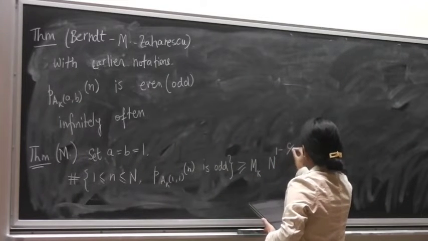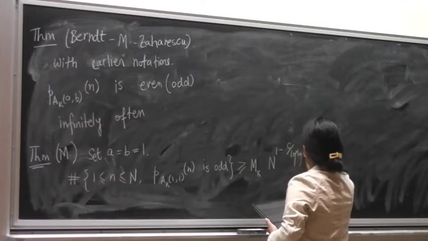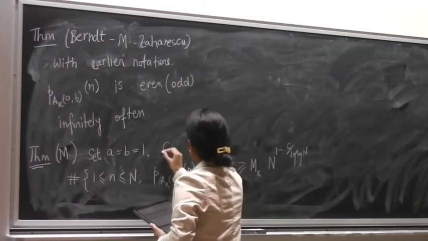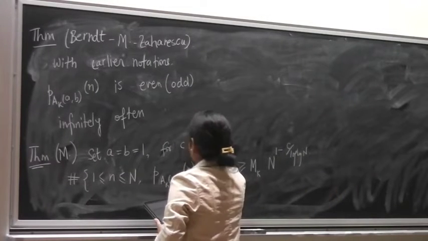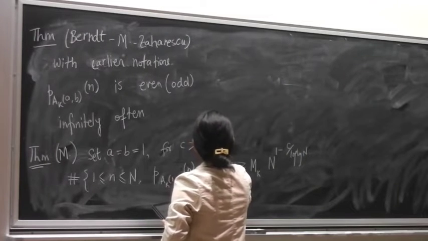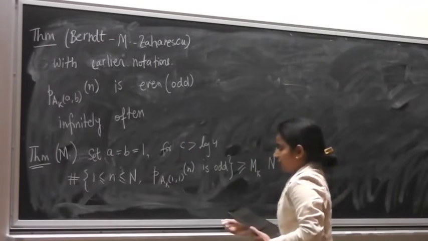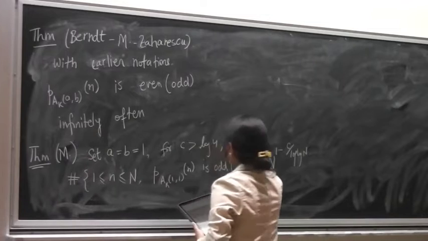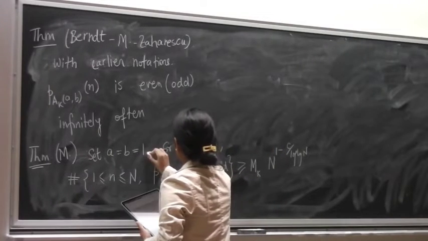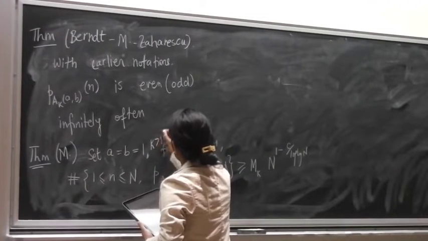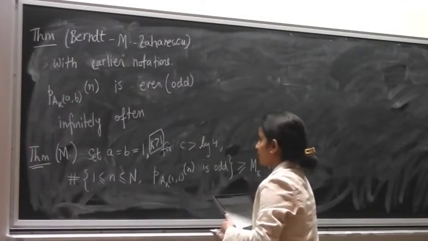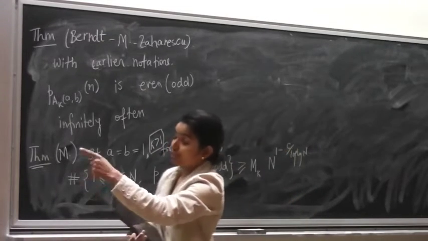It's 1 minus c over log n, where your c is some number larger than log 4. And I want to say that over here, k is larger than 1.